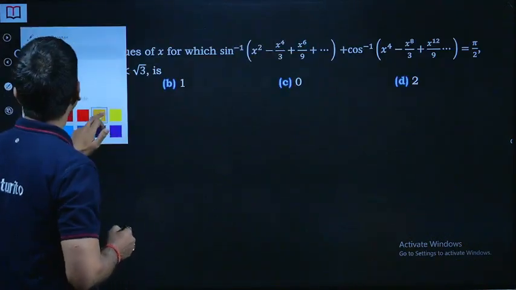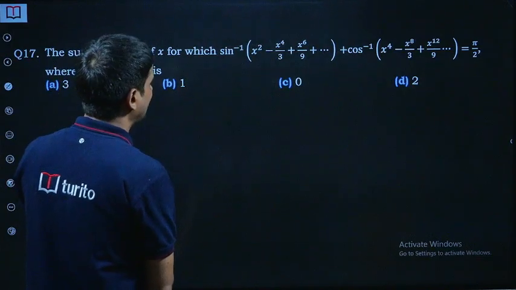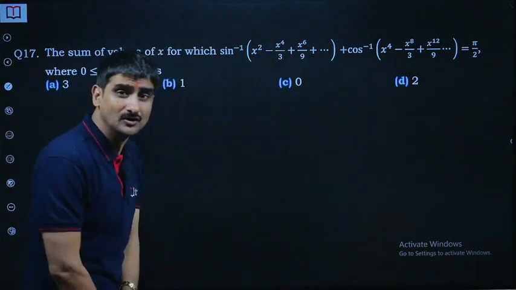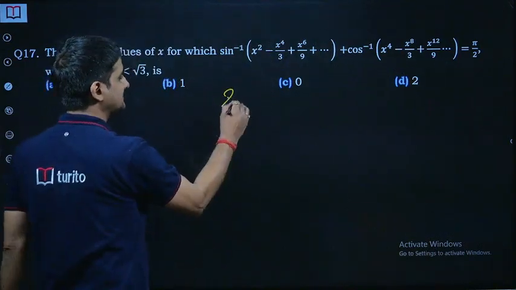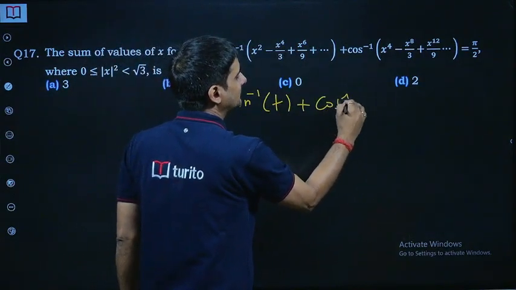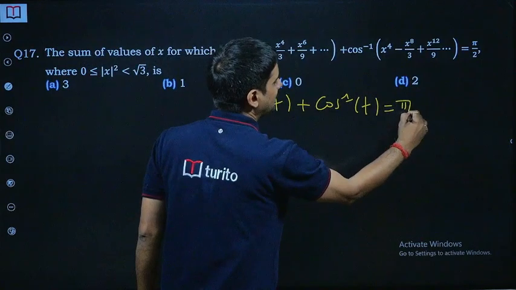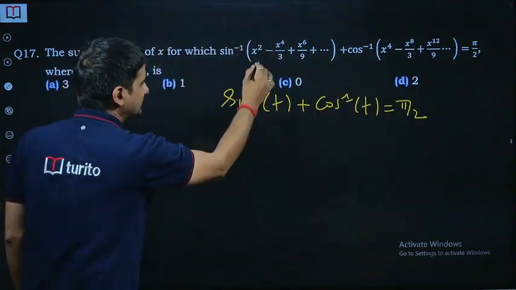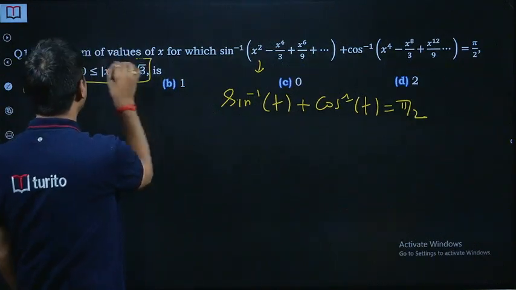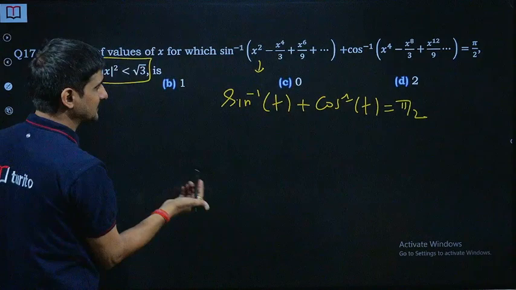Now moving to the next one, the sum of values of x for which this and this is equal to pi by 2. Of course, cos inverse sine, see that's an identity, sine inverse t plus cos inverse of t is pi by 2. So they should be the same. So that's again our infinite term GP, where mod of x square is less than or equal to root 3 might be a purpose.